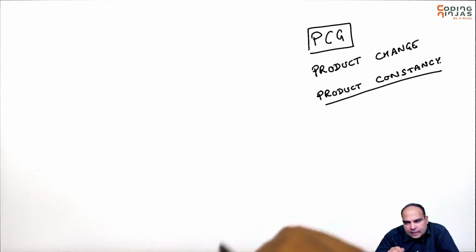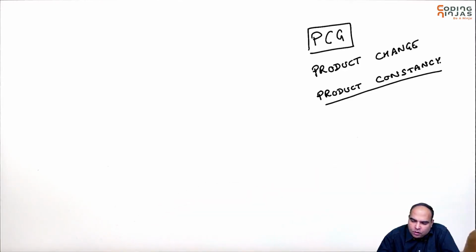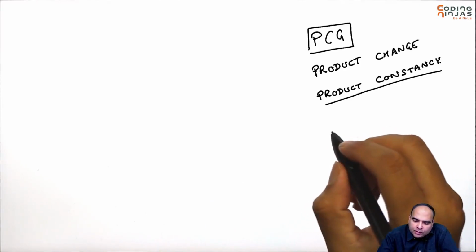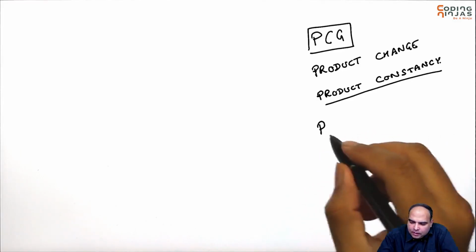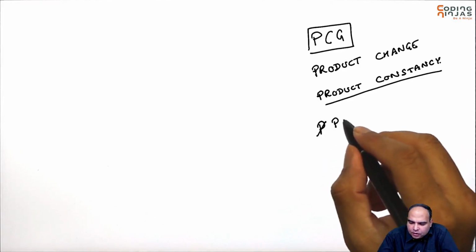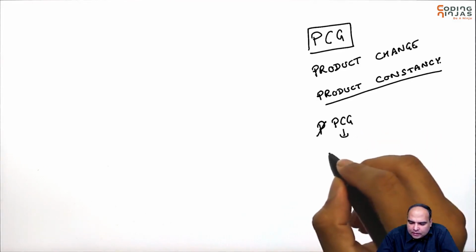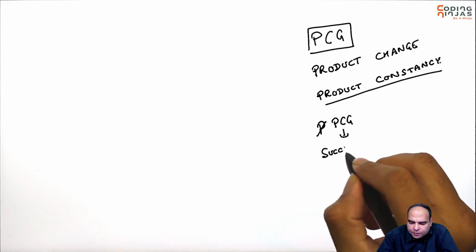So in this lesson I want to take you through the third use of the PCG, which you need to understand. PCG's third use is the successive percentage change use of the PCG.